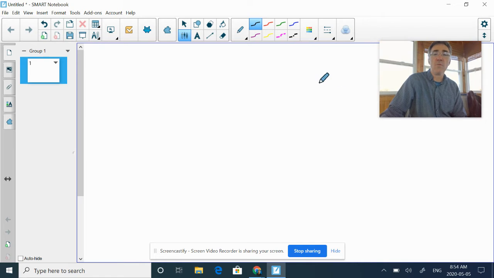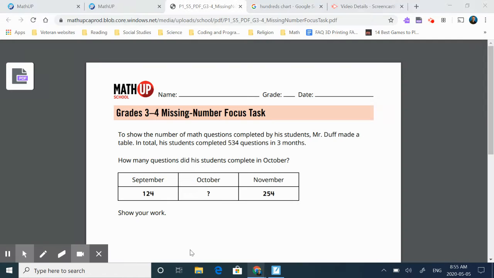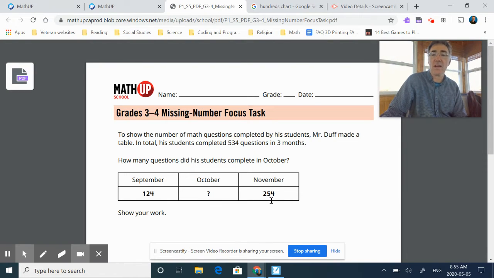If I come over to my smart notebook, I'm going to have something similar to this, where 534 is my total. I also know that this is the portion that I'm looking for, but it's not all of it because it does give me some information. Some of the information I have is the 254 and the 124. So in reality, I'm only looking for this portion here.